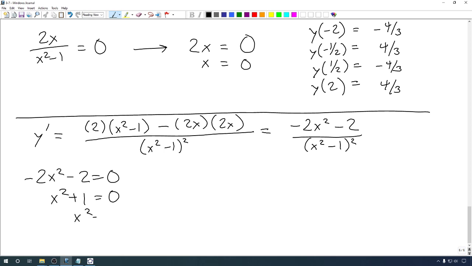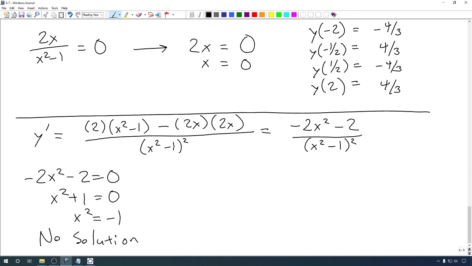Or in other words, we have x squared is equal to -1. Well, we don't have any solutions here. Or at least no real solutions. And we only care about real numbers here. We're not trying to graph things in the complex plane. That's just not relevant here.